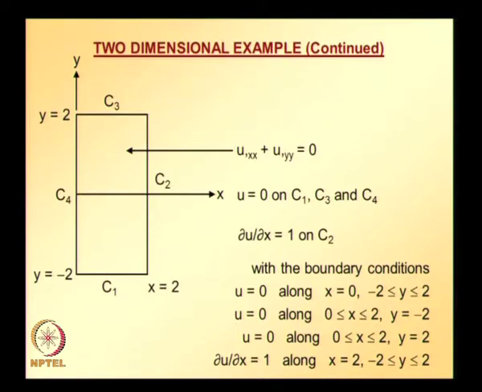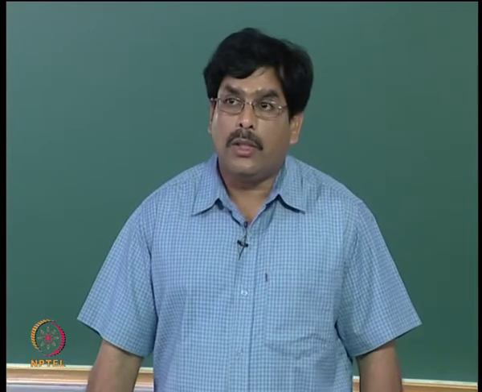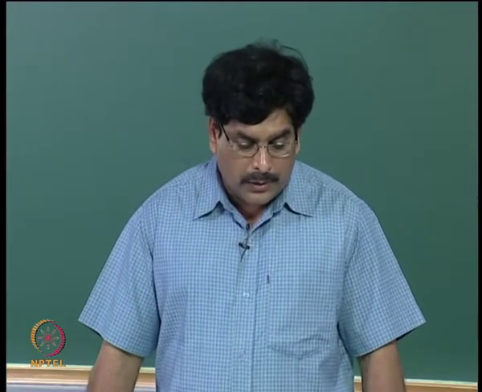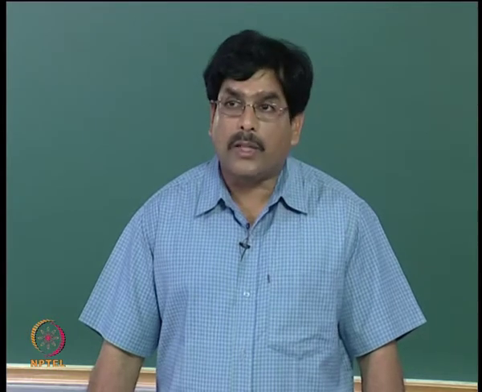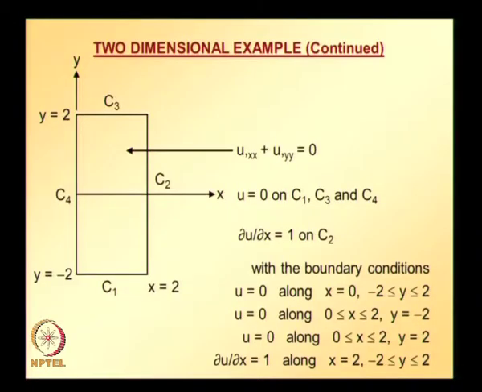So, the boundary conditions are: u is equal to 0 along x is equal to 0, where y goes from minus 2 to 2; u is equal to 0 along x going from 0 to 2, and y is equal to minus 2; also, u is equal to 0 along x going from 0 to 2, y is equal to 2; and also the partial derivative of u with respect to x is equal to 1 along x is equal to 2, where y goes from minus 2 to 2.